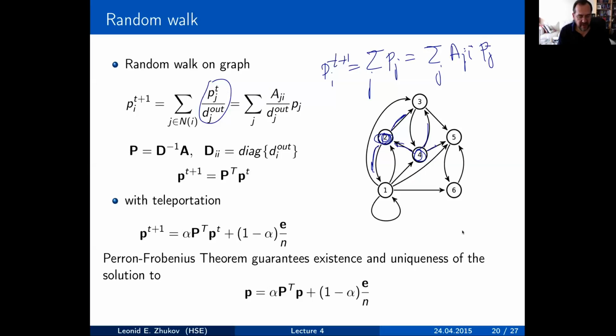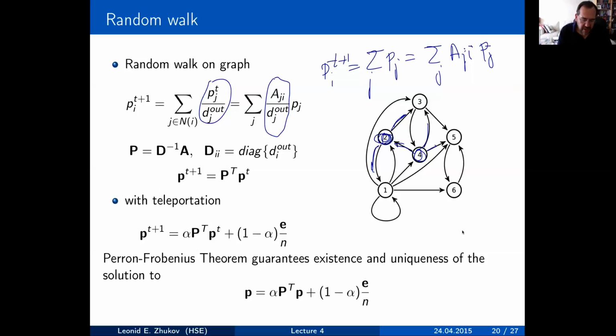In this fashion, we can write what's called a transition matrix. The transition matrix is the adjacency matrix normalized by out degrees, and that makes it a matrix of probabilities of transition from node to node. That's one change that we need to make.